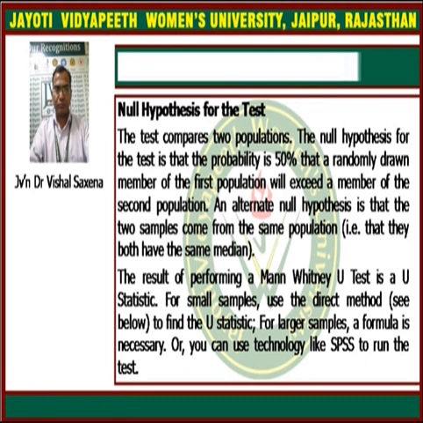The result of performing a Mann-Whitney U test is a U statistic. For small samples, use the direct method, and to find the U statistic for larger samples, a formula is necessary, or you can use technology like SPSS to run the test.